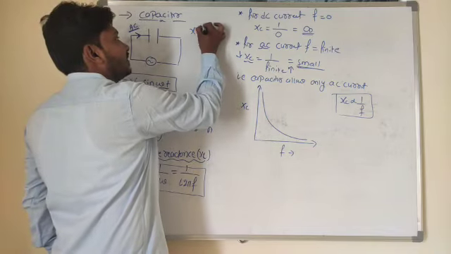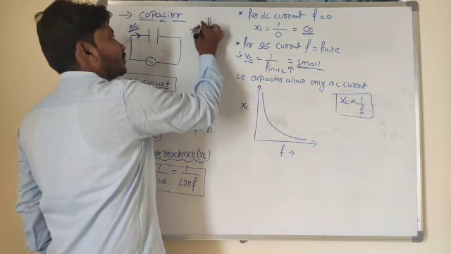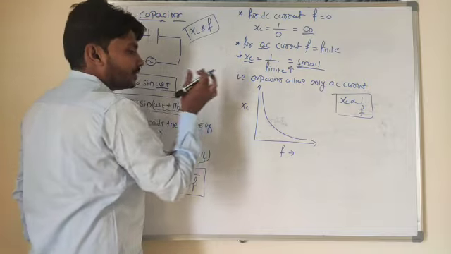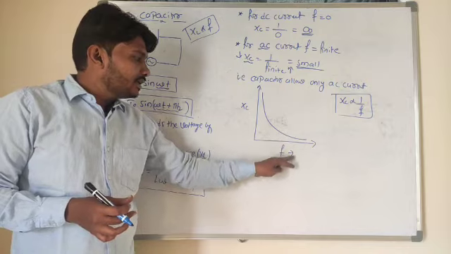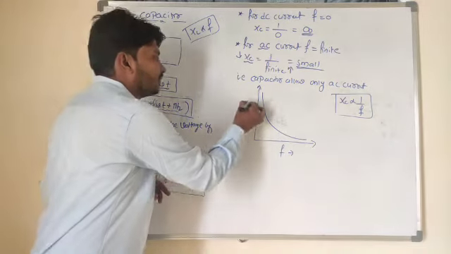Whereas inductive reactance is directly proportional to frequency. So this is the nature of the graph in the case of a capacitor, frequency versus capacitive reactance.